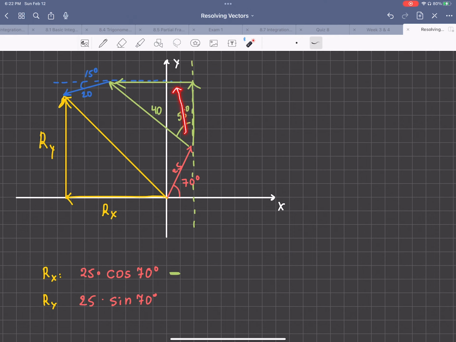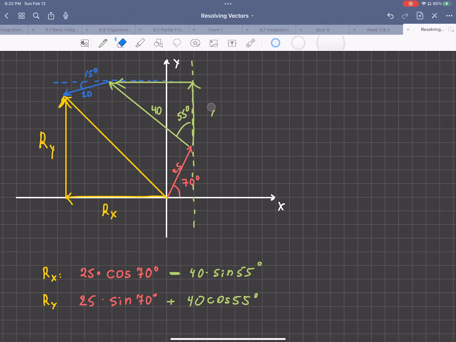So this is going to be sine. Okay, so this will be 40 times sine 55. And this y component of this green vector, green y, is going to be cos function. And positive, because as we discussed, y is positive in first and second quadrant.